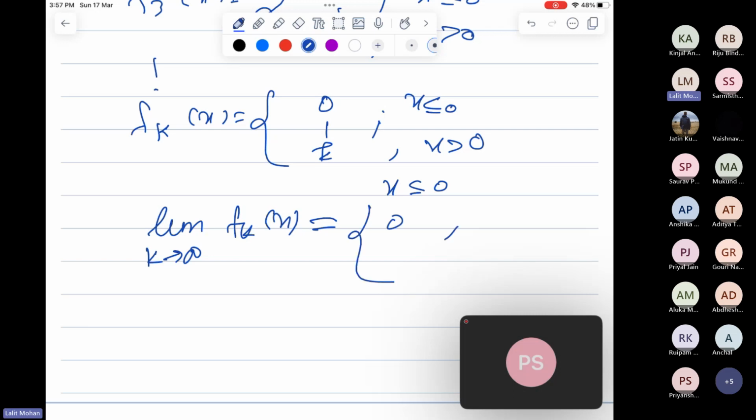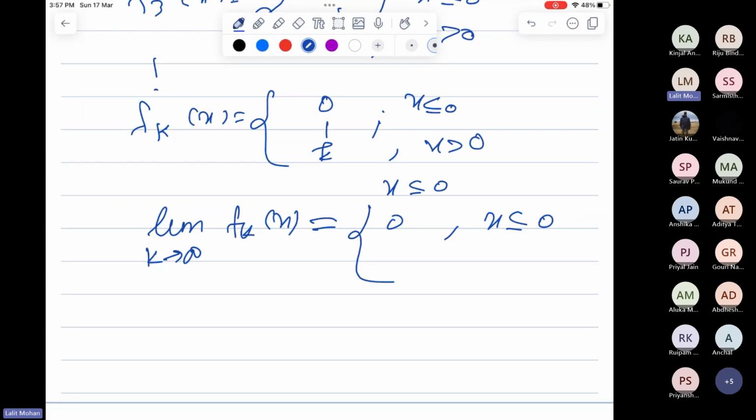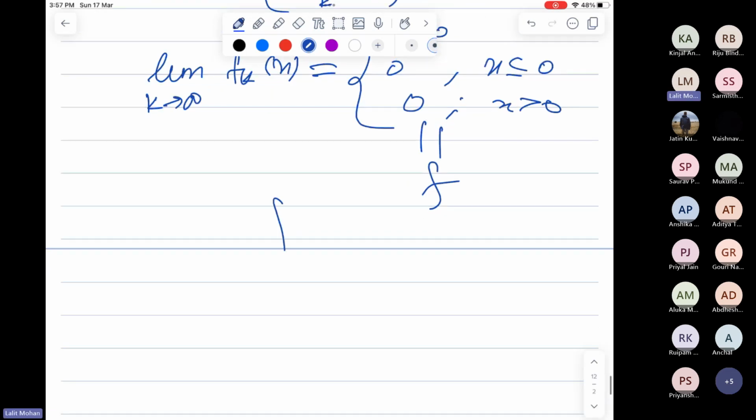So this will be 0. When x is greater than 0, this f_k of x will have value 1 by k. But when we take the limit, we will get 0. So this is our function f. So we are getting f equal to 0 everywhere.